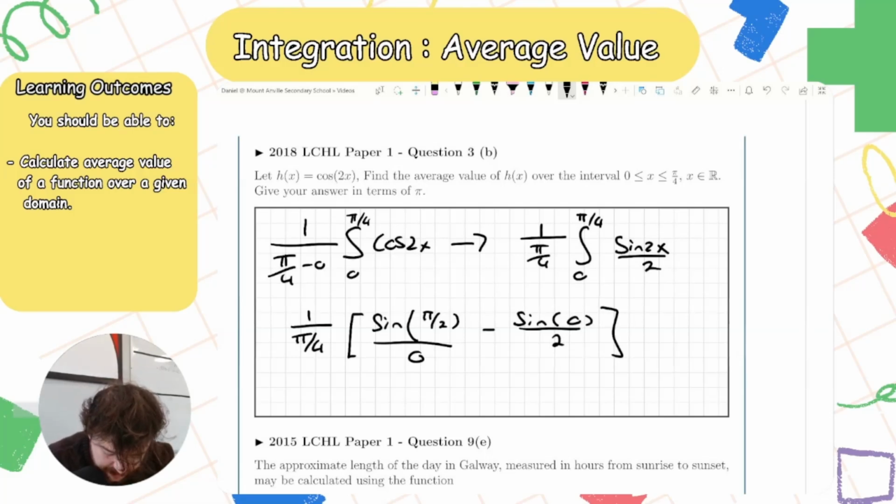So that is going to be sine of pi over 2 over 2, minus sine of 0 over 2. So remember, we're doing radians. So the bracket is going to be equal to a half.